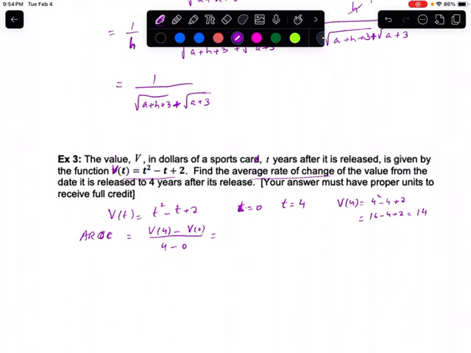So we have 14 minus 2 over 4. This gives me 12 over 4, equal to 3. Find the average rate of change of the value from the date it is released to 4 years after its release. Okay.